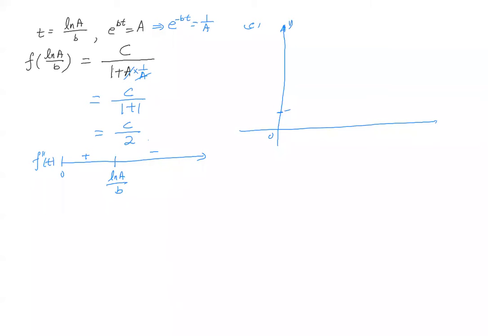Then it goes up to the inflection point here, ln A over B, and this is halfway, C over 2. The horizontal asymptote is y equal to C. So it goes in this shape.